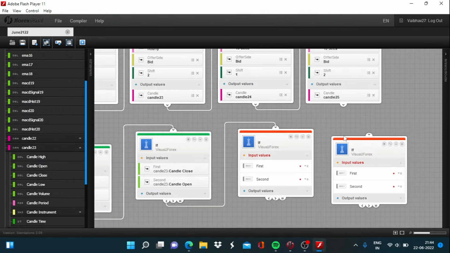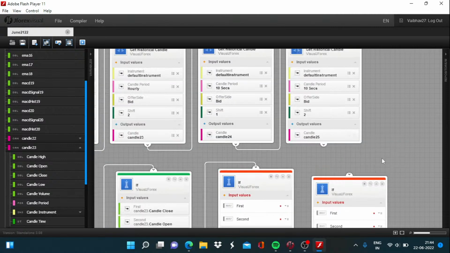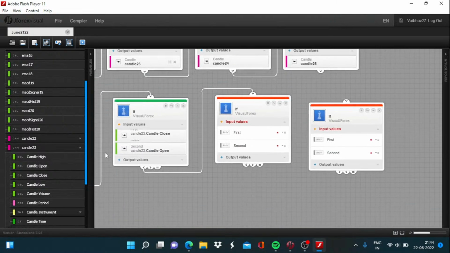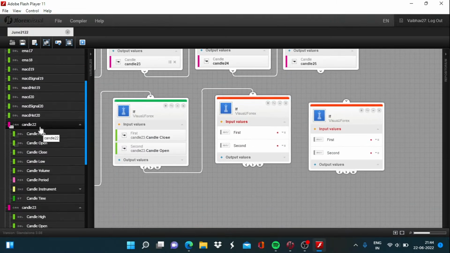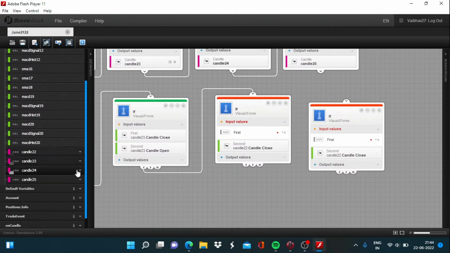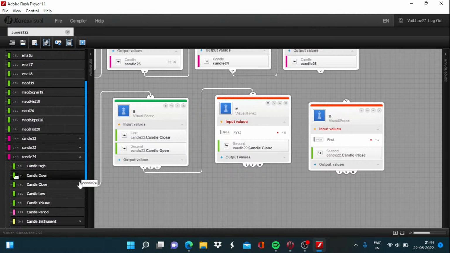So we have to compare these 10-second candles, candle 24 and candle 25 closing levels with the candle 20 second closing level. So I'm going to take candle 20 second candle close, and consider candle 24 candle close.